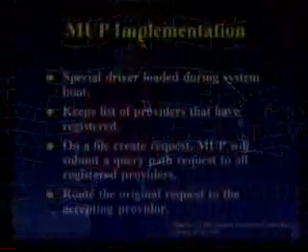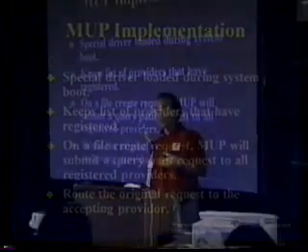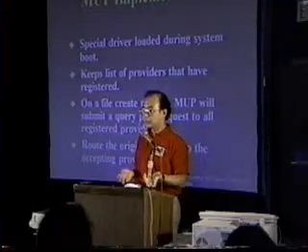Okay, how does MUP work? MUP is a special driver that's loaded during system boot time, and it keeps a list of providers that have registered with it. So when a file request comes in, MUP will basically submit a query path request to all registered providers.